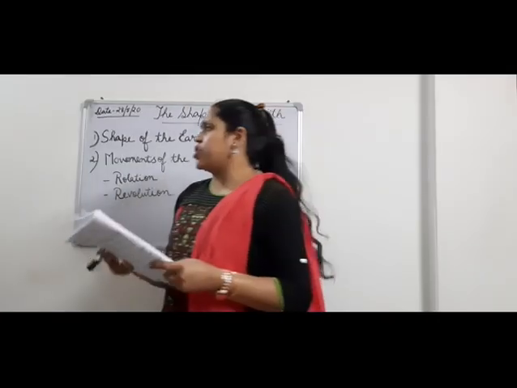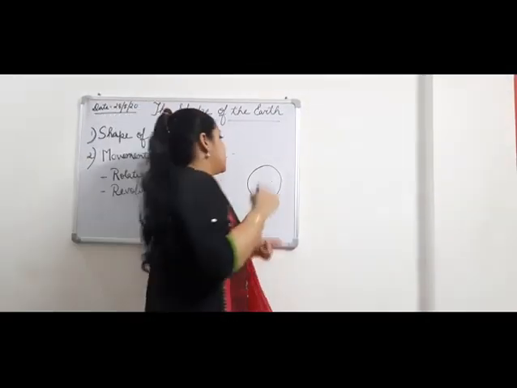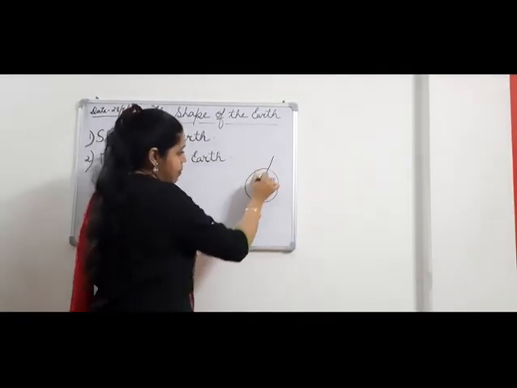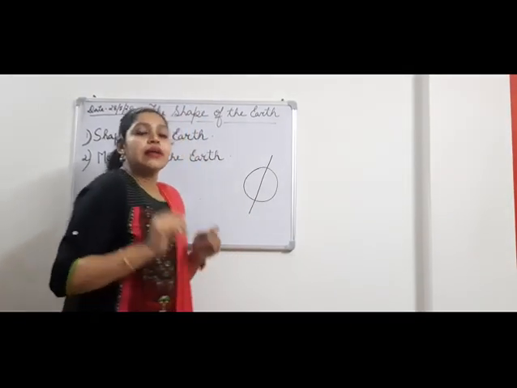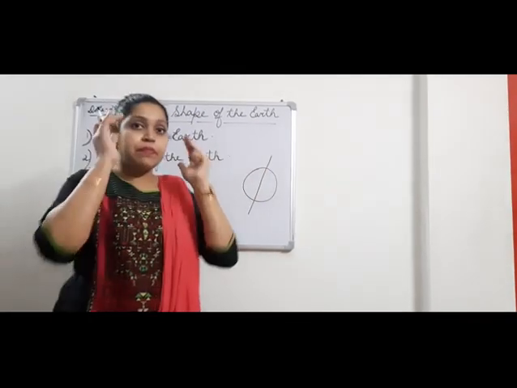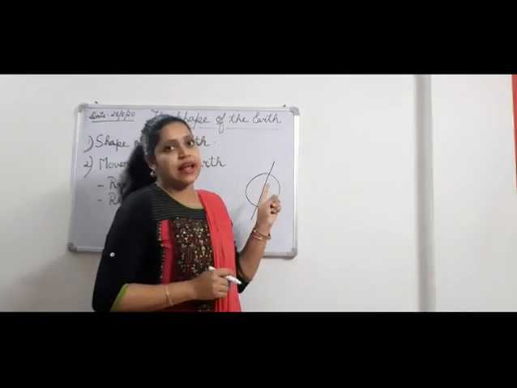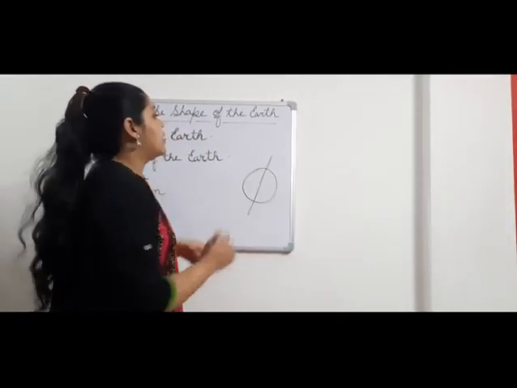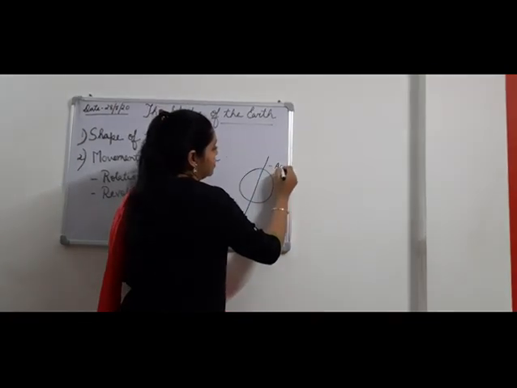Now what are rotation and revolution? Suppose this is the earth, and the earth has an imaginary line. People have imagined it; in reality, this line is not there. This imaginary line which passes through the earth is called an axis.